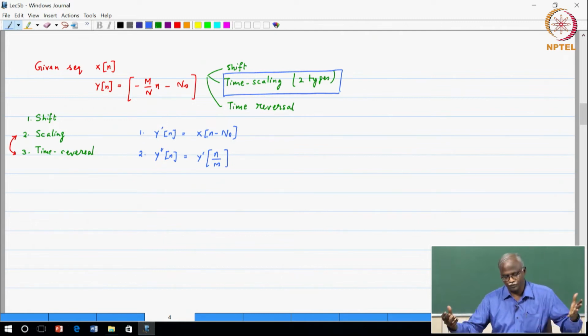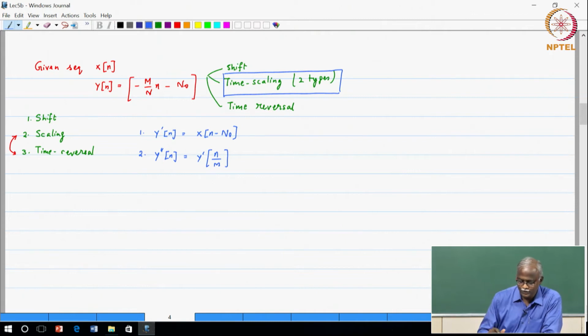This is the process of expanding the sampling rate, and this will also end up inserting a lot of zeros. You do not lose information in this step, so it is always better to do this step first. I am sorry, we divided by n, so this should be n.